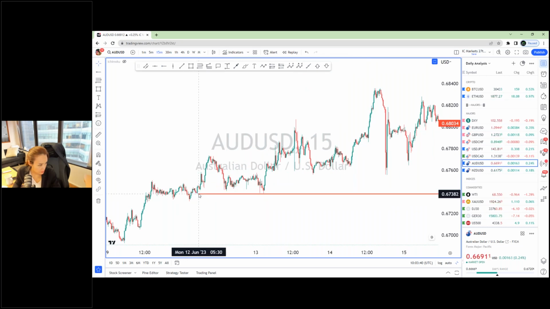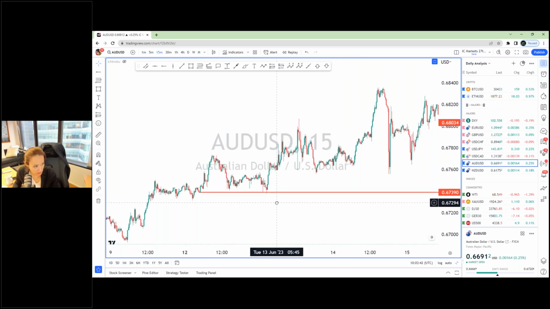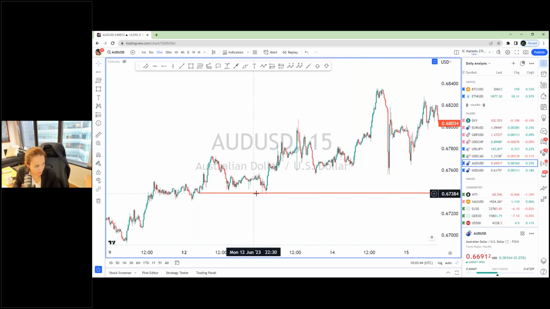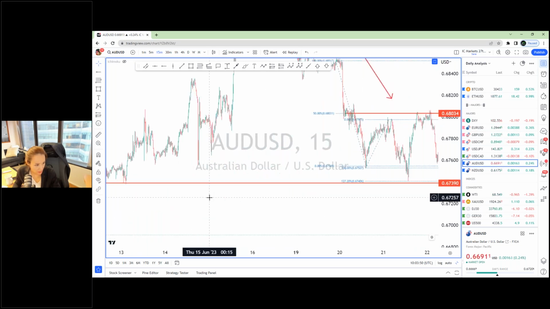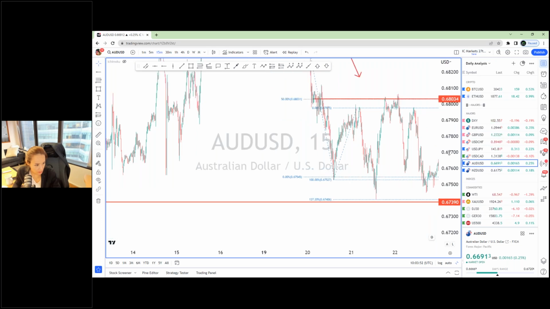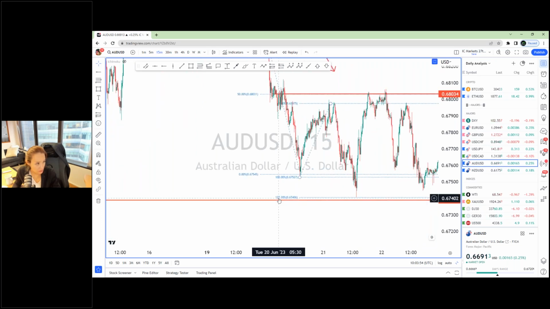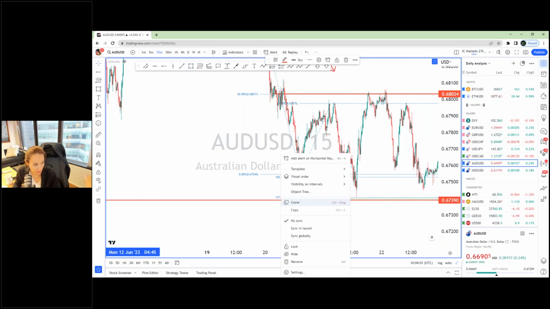The reason why I pick this level is because you can see here one touch, two touches, three touches, and then it's almost touching my zone here. You can project like this. This is your support on M15.